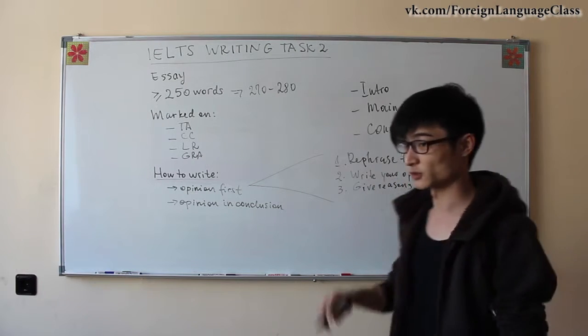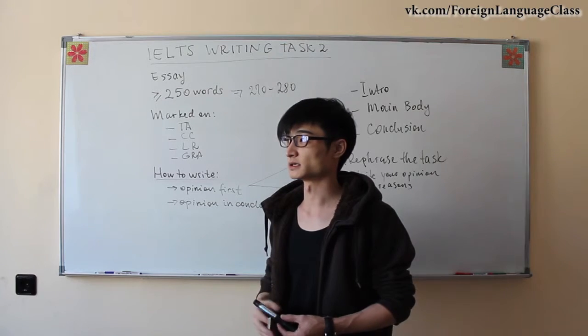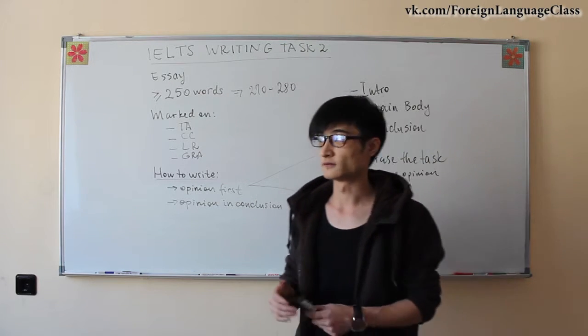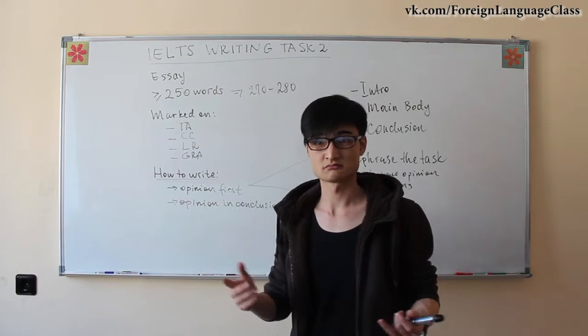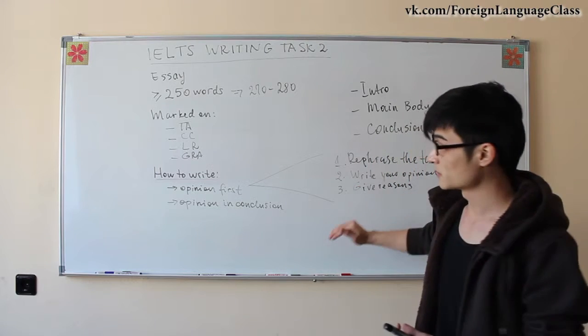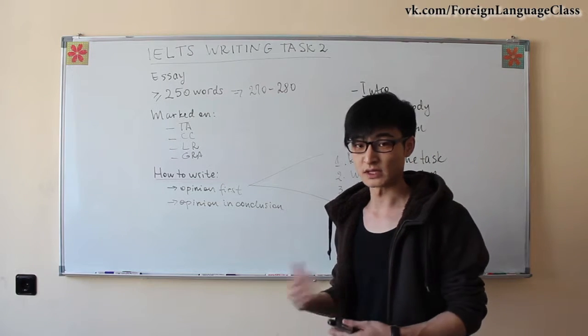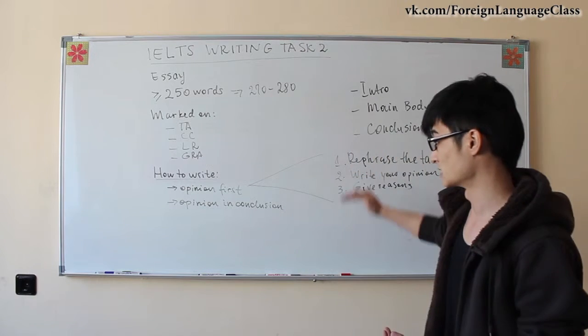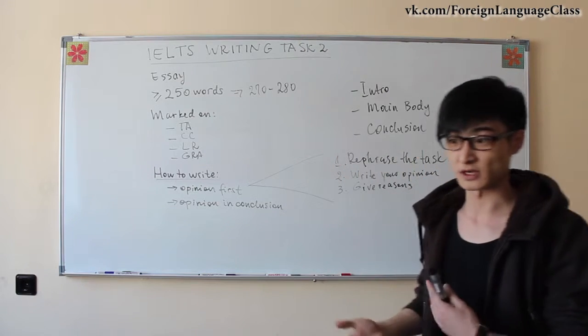In short, for example, I think that gasoline cars should be forbidden for ecological and, let's say, economical reasons. And then, in the main body, you describe what you mean by ecological and economic reasons. And in the conclusion, you just summarize.